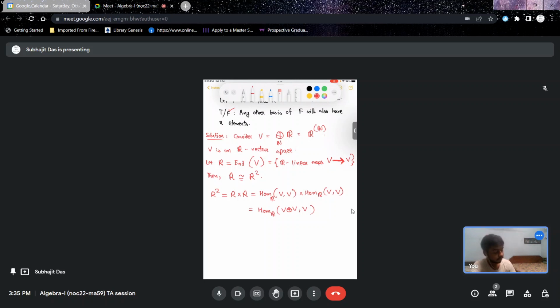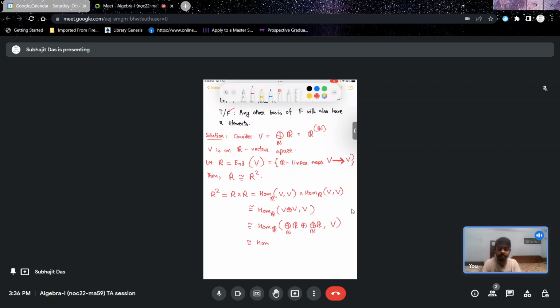So that means that Hom_R(V direct sum V, V) is the same as Hom_R(V, V) cross Hom_R(V, V). But then again, what is Hom_R(V direct sum V, V)? That is, what are all the morphisms from V direct sum V to V? So V direct sum V is a direct sum of countably many copies of R, and since you are taking a direct sum of two countable many copies of R, you get the same thing, right?